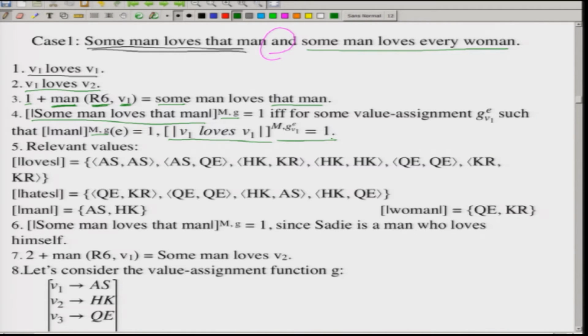We can check whether there is some value assignment g e V1 such that e is a man and V1 loves V1 comes true for that assignment. Now, we can roughly see there are two men, that is A S and H K. If you remember, A S is basically Anwar Sadat, I am not writing the full form, and H K is Henry Kissinger.